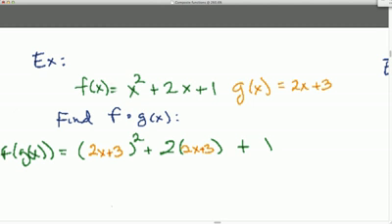So I'm going to go to one color now. Here you're going to FOIL this out. You can use the box method, write them out, FOIL it out, whatever you want to do. My shortcut is square the first one, square the last one, and then twice the product. And then distribute the two through.